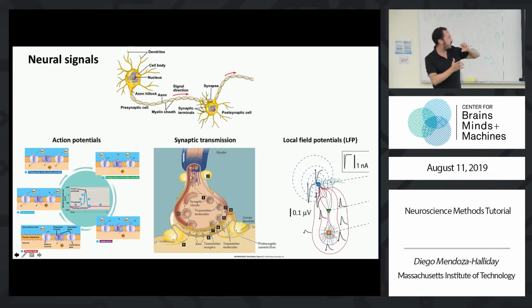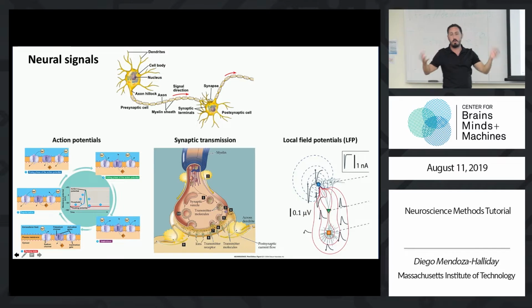That will cause the synaptic vesicles to release transmitter molecules into the synaptic cleft. That signal in itself, a chemical signal, is captured by transmitter receptors, which open ion channels and allow certain currents to flow into the postsynaptic neuron, causing postsynaptic currents.